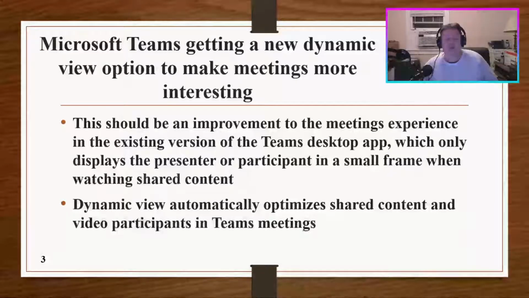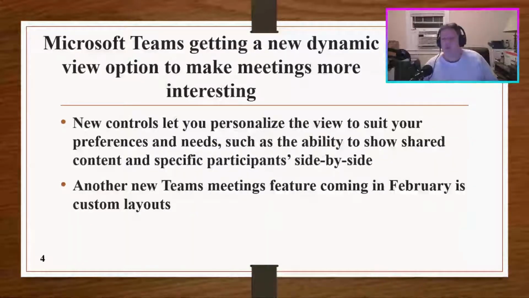Dynamic View automatically optimizes shared content and video participants in Teams meetings. New controls let you personalize the view to suit your preferences and needs, such as the ability to show shared content and specific participants side by side. Another new Teams meetings feature coming in February is custom layouts.